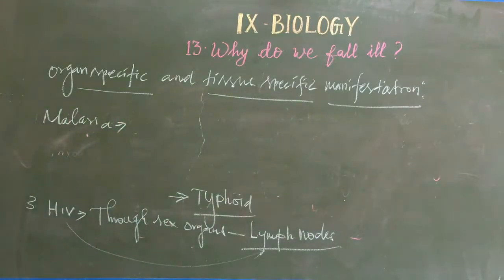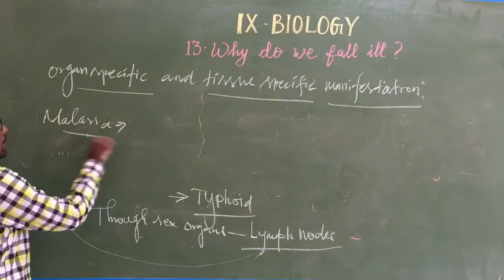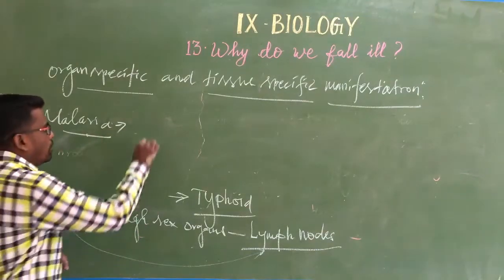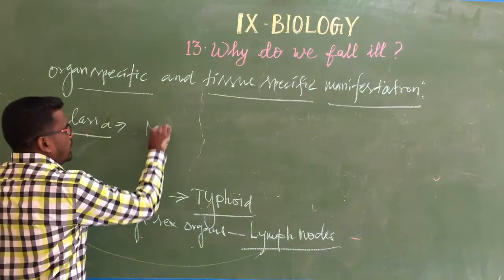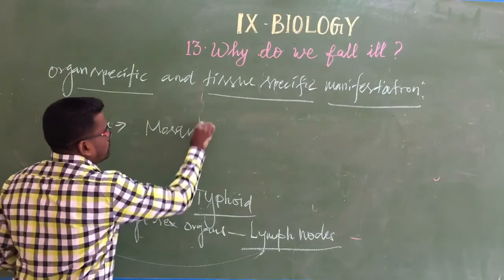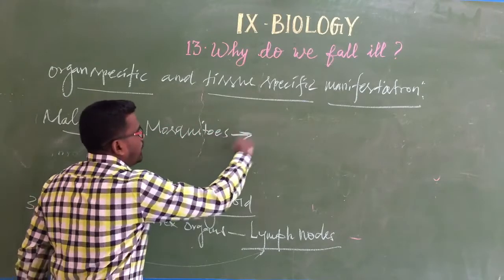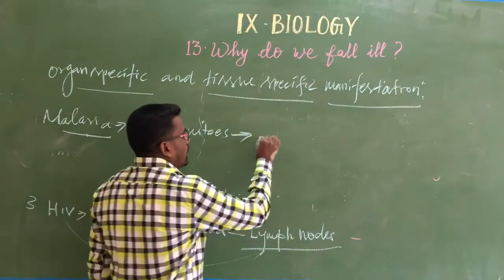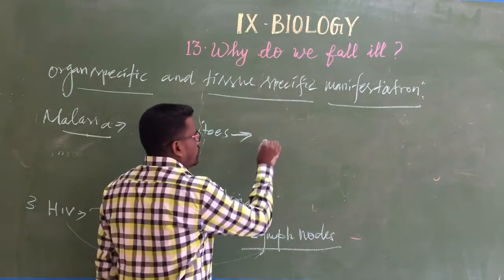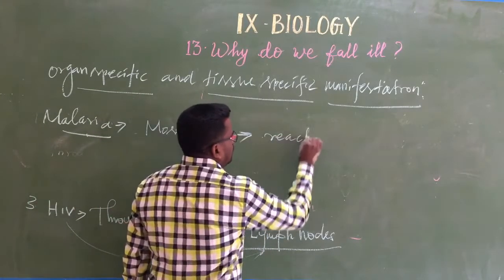If the mosquito bites, then the microorganism enters the liver. Malaria is a type of disease. The malaria causing agents are carried by the mosquitoes. After biting, the malaria causing agents reach the liver.